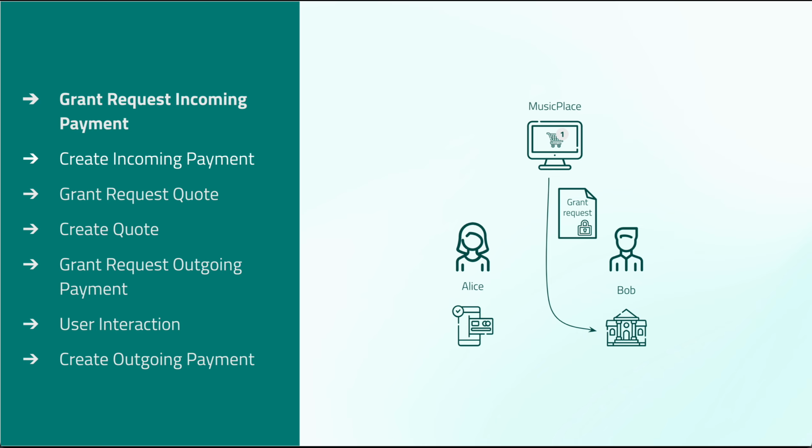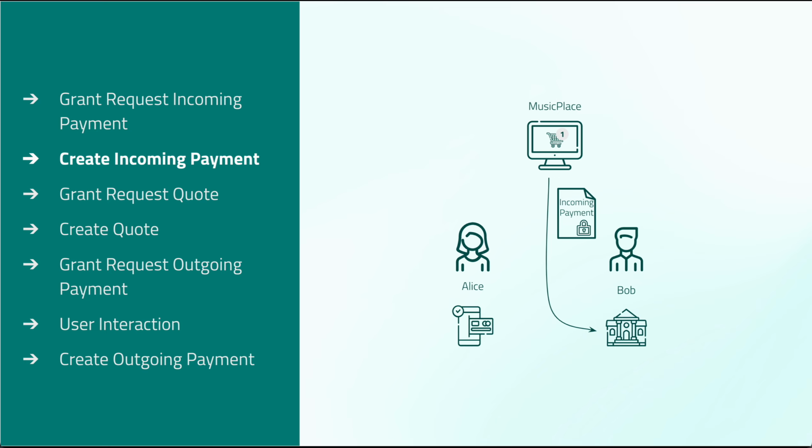The Music Place backend service would create a grant request on Bob's wallet address, to have permission to create an incoming payment. It goes to Bob's Open Payments server, grabs the grant for the incoming payment, and creates the incoming payment on Bob's account.